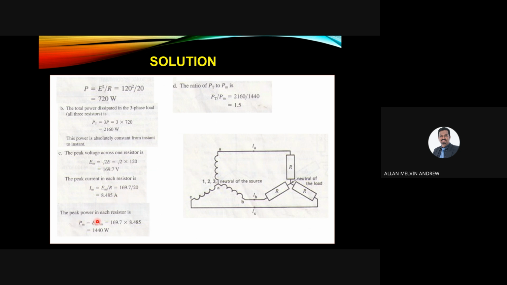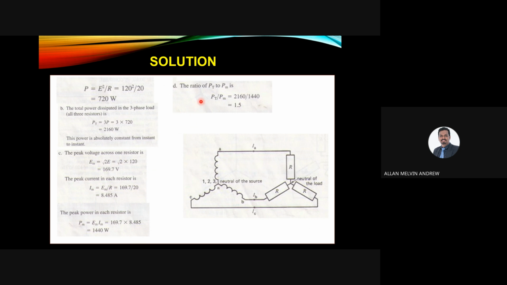So the peak power in each resistor, the formula is VI. Here we use EM times IM, so 169.7 times 8.485 ampere, which is equal to 1440 watts.